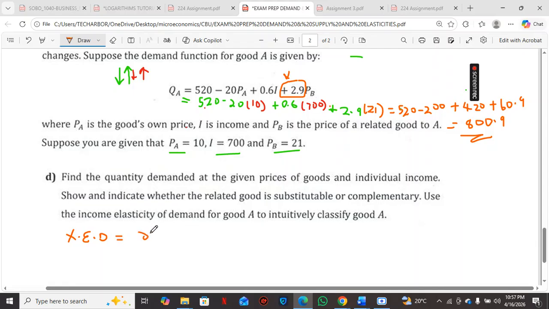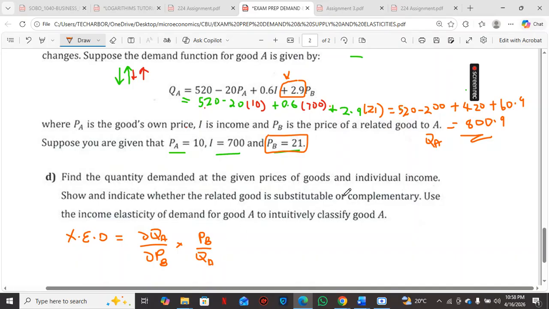So you are going to derive the demand function with respect to PB, multiplied by PB over QA. QA is 800.9. We already have PB, the price of good B, which is 21 kwacha.